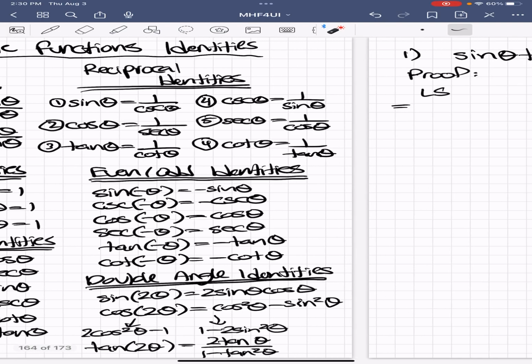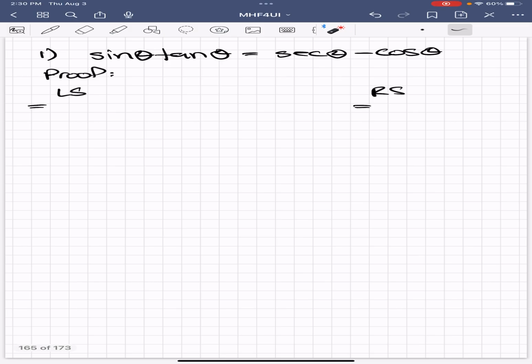Okay, let's begin. So we have sine theta tan theta equals secant theta minus cos theta.